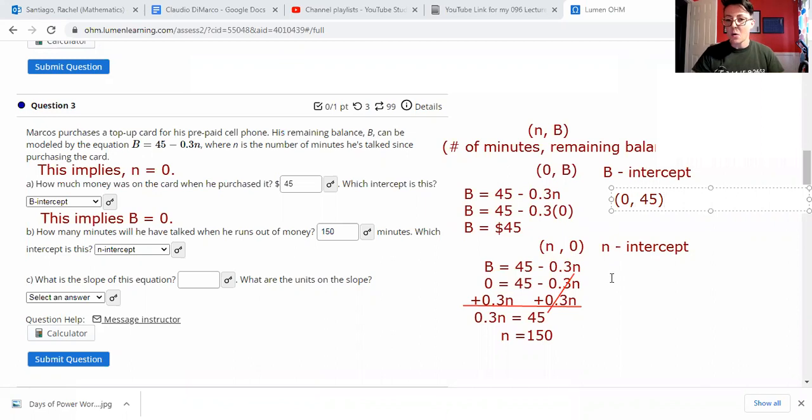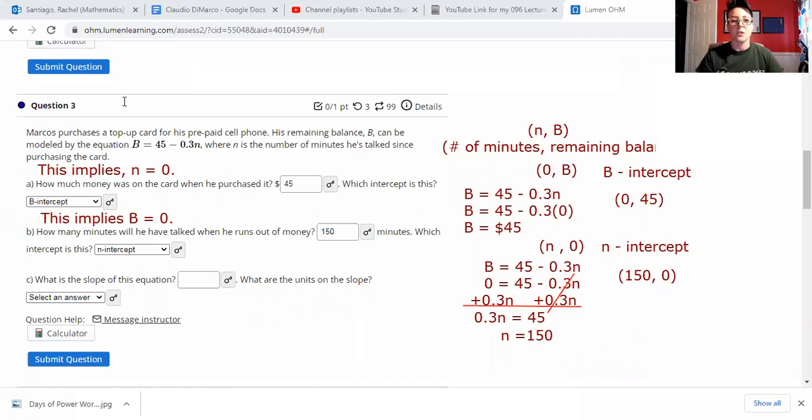And our second ordered pair, which is the N-intercept, is the ordered pair 150, 0. We can take both of these ordered pairs and we can actually plug this into the slope formula. What I will tell you is that when you actually solve this slope, you're going to get negative 0.3 because this formula is actually in slope-intercept form.